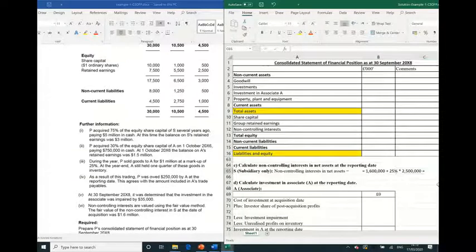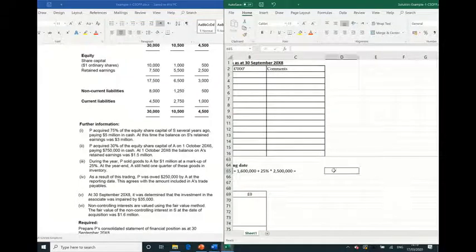So if we work out this figure, okay, so this will be $2,225,000.